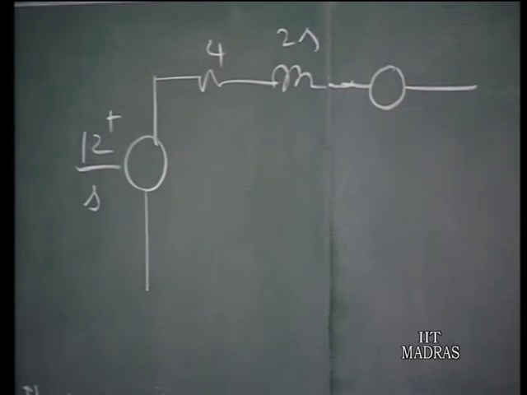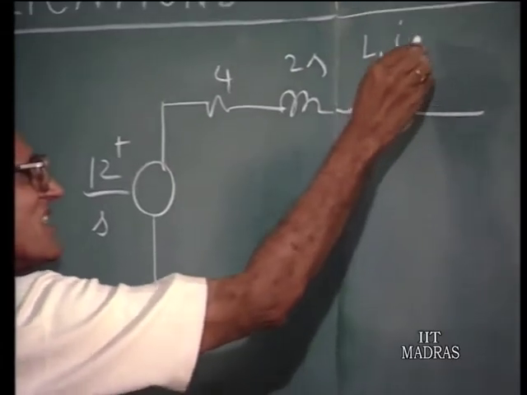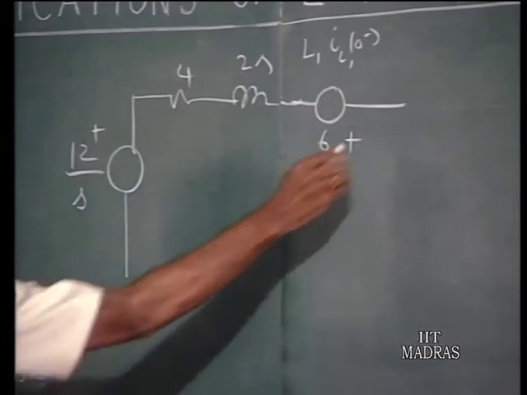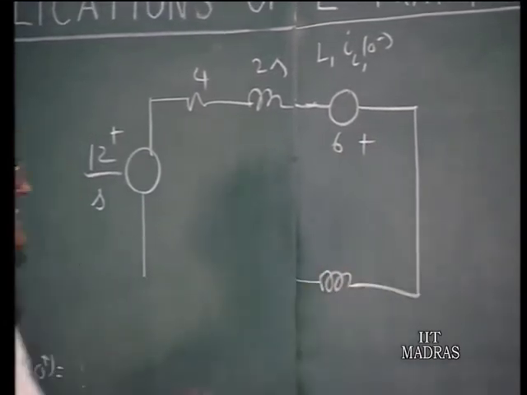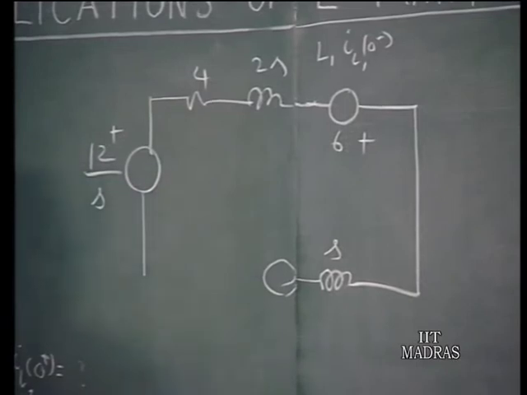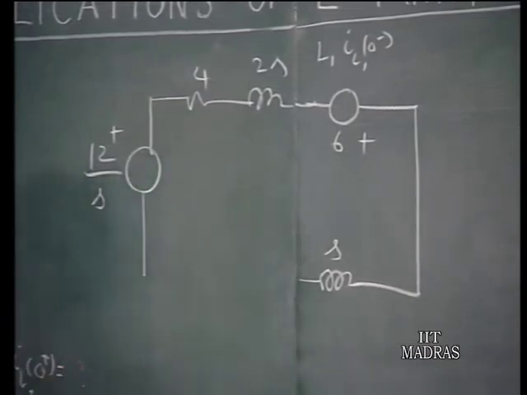So, 3 times 2 is 6. L1 IL1 0 minus, that is 6, and down here you have inductance of value S, impedance S, and the initial current is 0 at t equals 0 minus, therefore, you may as well not have that, and you are having 4 ohms.